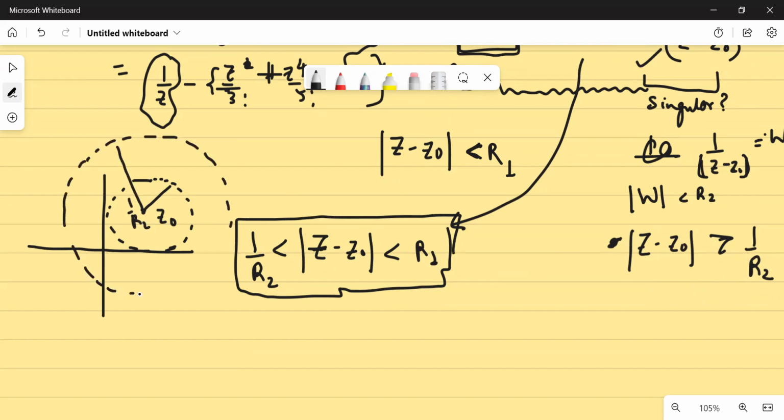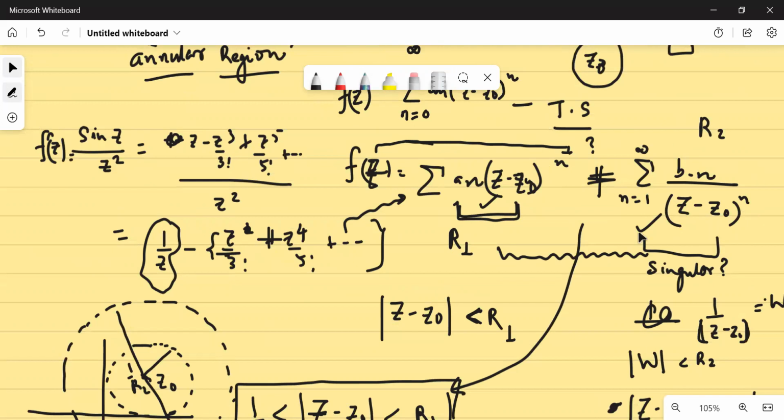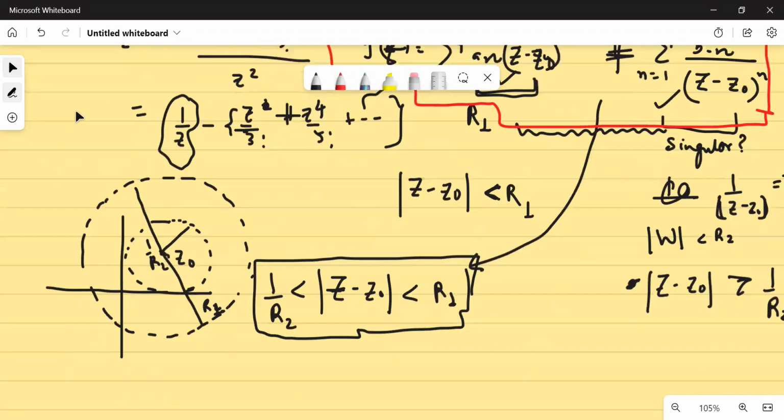What does it mean? It means that this series representation that I'm writing right now, this sort of power series representation, is valid in what sort of region?